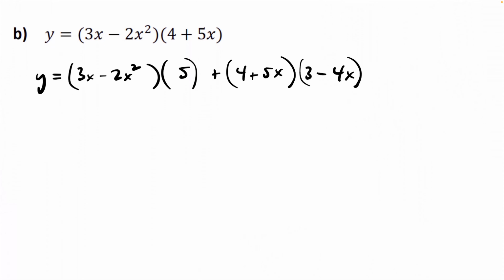So the derivative: we start with the first term times the derivative of the second. The derivative of the second is just 5. Plus the opposite, the second times the derivative of the first.